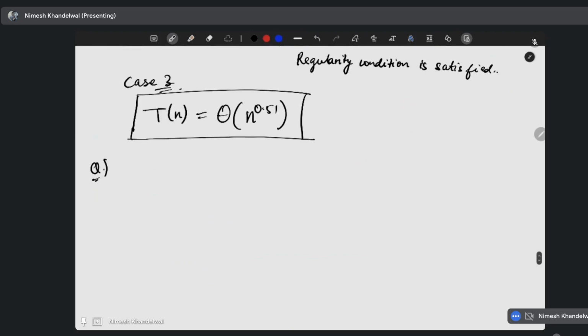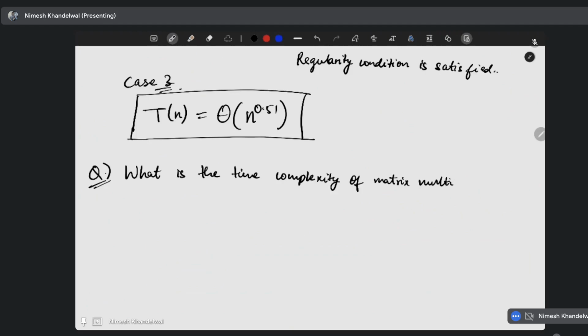Let us take one more question. What is the time complexity of matrix multiplication using the divide and conquer method?